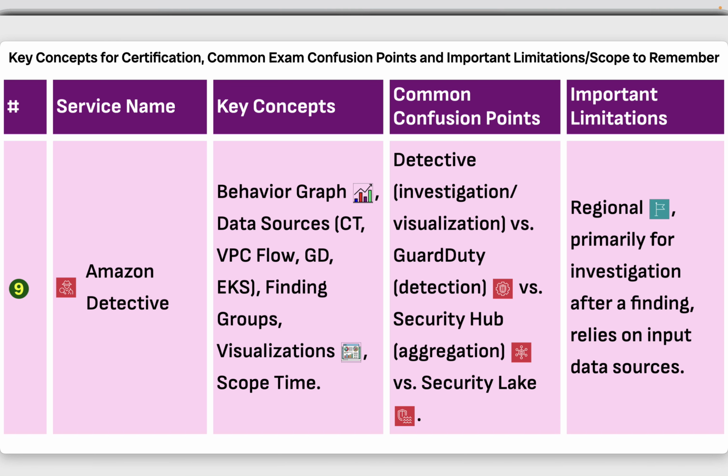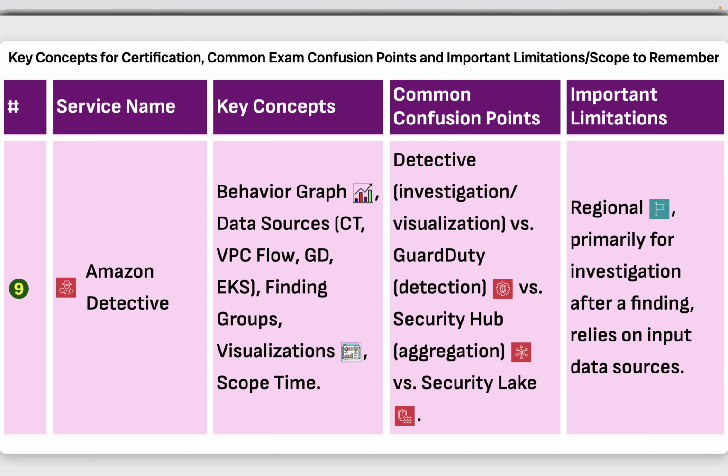Amazon Detective. Key concepts are behavior graph, data sources which can be CloudTrail, VPC flow logs, GuardDuty, and Elastic Kubernetes Service logs. Finding groups, visualization, and scope time.